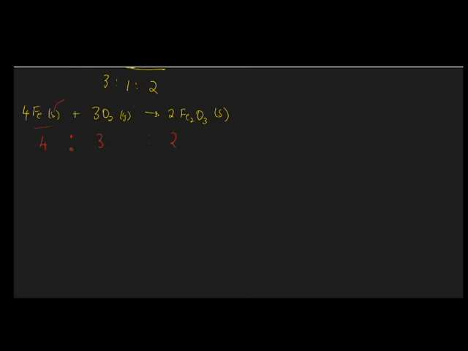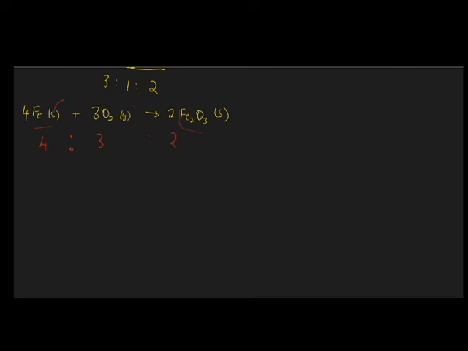That means you have 4 atoms of iron and 3 molecules of oxygen, O2, and 2 formula units, they say, for this product here, which is a solid. Or you can still say molecules here 4:3:2, as long as you get that ratio, right?